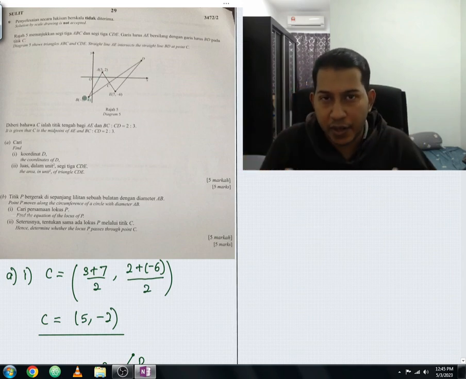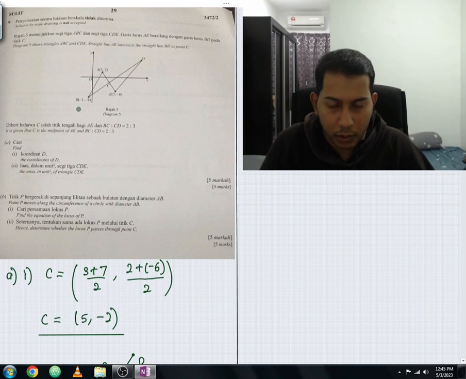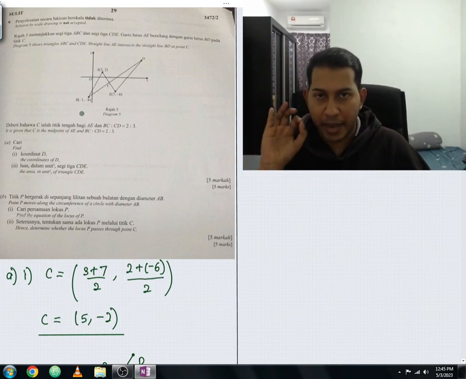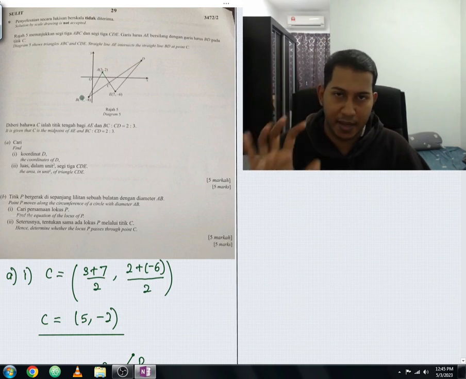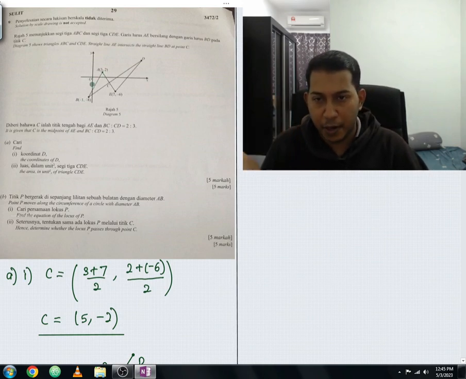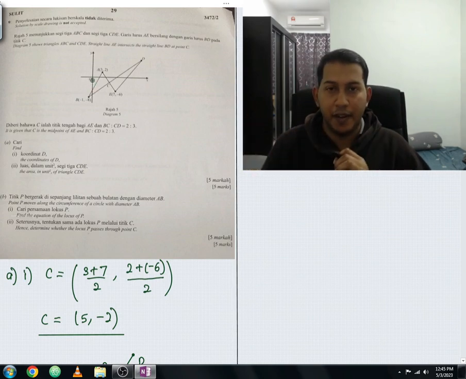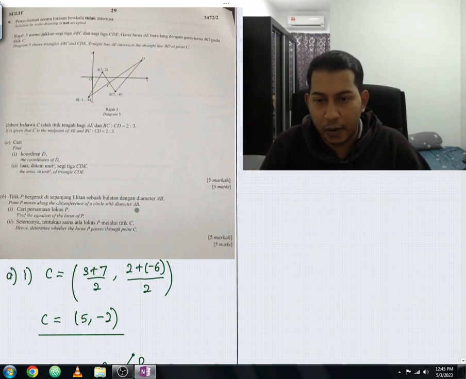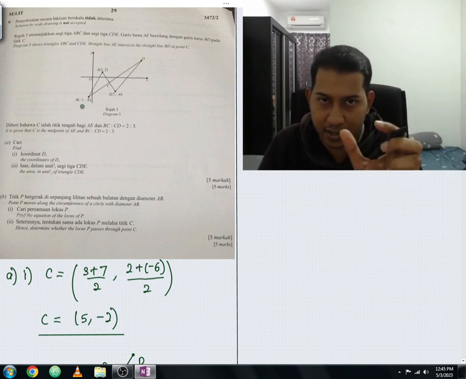Since it is moving in a circle, the first step we need to do is find the midpoint of AB. Okay, so that will be our major step on solving this question. So we find the midpoint of AB, and using that midpoint, we're going to find the distance. Because they only highlight here diameter AB, we need to find the radius.